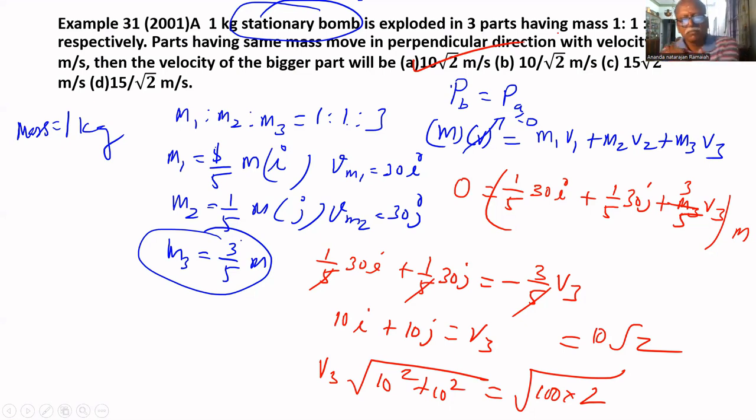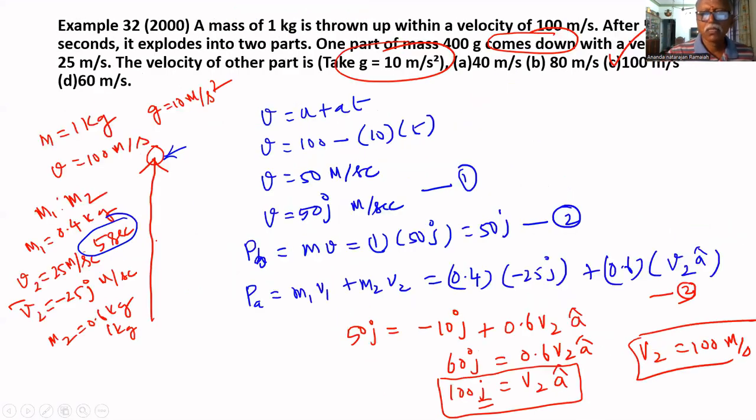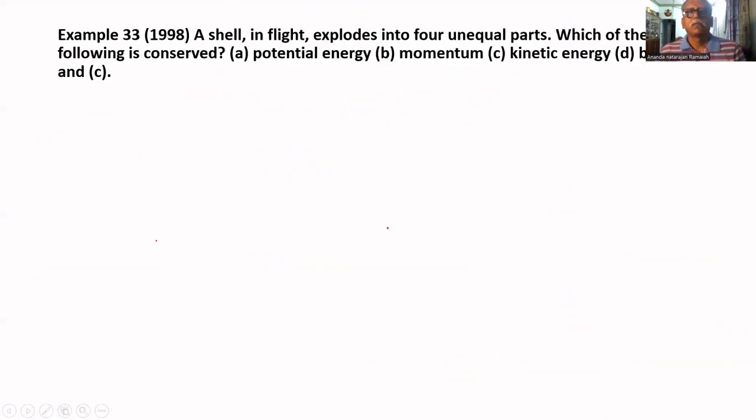Shall I move next one? Yes, sir. A shell in flight explodes into 4 equal parts, M1, M2, M3 equal to M4.